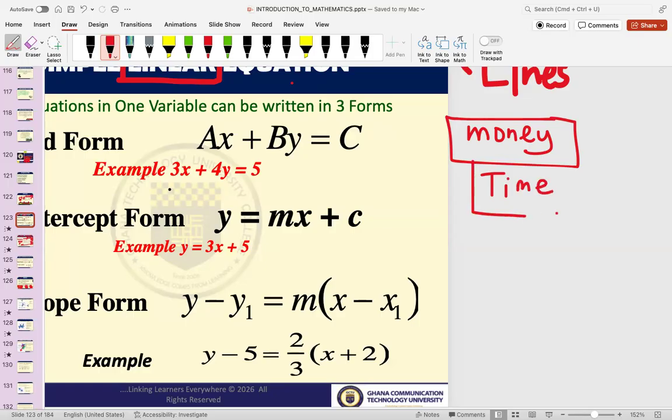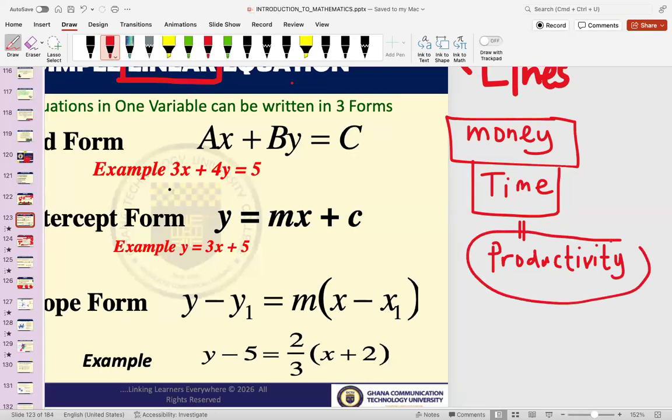We combine the 2, money and time, to give us productivity. At the end of the day, you want to produce as a businessman. So you know that the more you produce, the more money you will get.